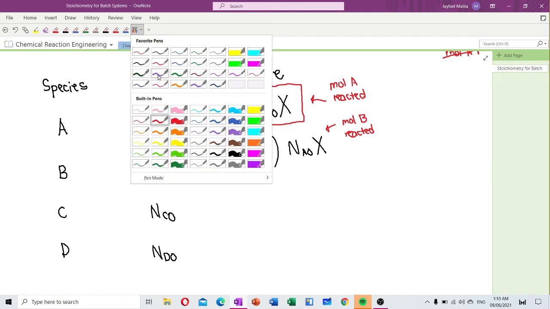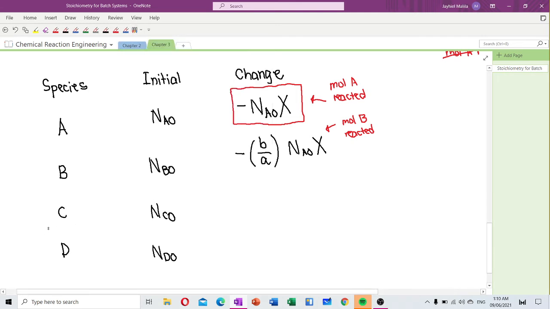Okay? So that's how the change or the amount of B reacted is accounted for based on the product Na0x. For C and D, since both of them are products, they should have a positive sign because they are generated along the process. So you have to use the ratio C over A multiplied by Na0x, and then also positive D over A multiplied by Na0x.